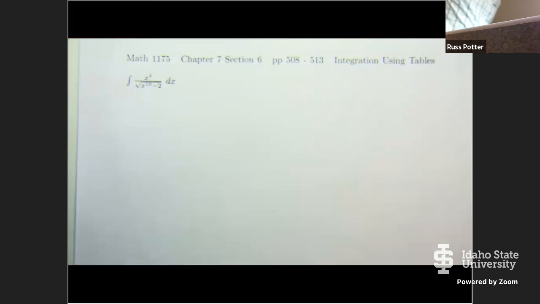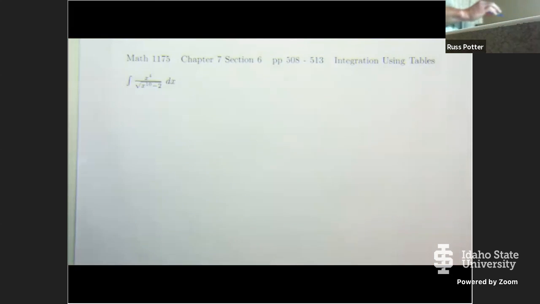So perhaps with experience, you'll note, well, x to the 10th, the exponent is even, and a lot of our integral forms involve something squared, some variable squared.